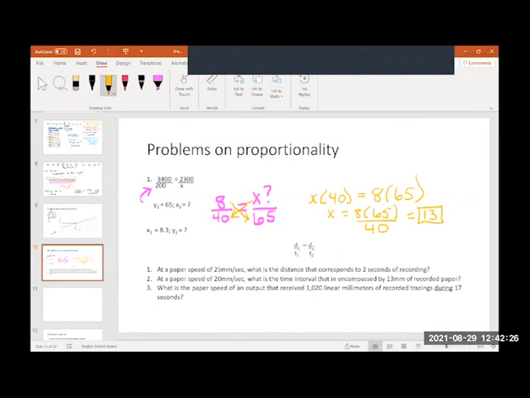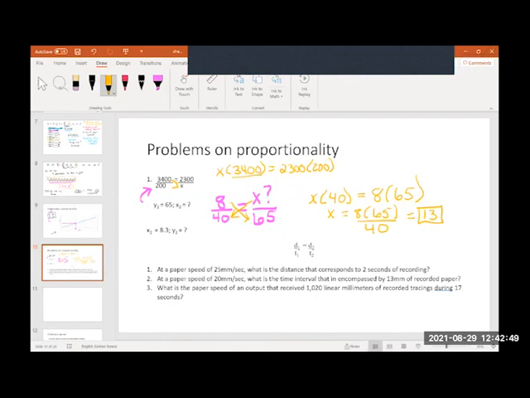We can do the same type of cross multiplication for these other proportionality problems. Again, cross multiply. x times 3,400 would equal 2,300 times 200. Solve for x.